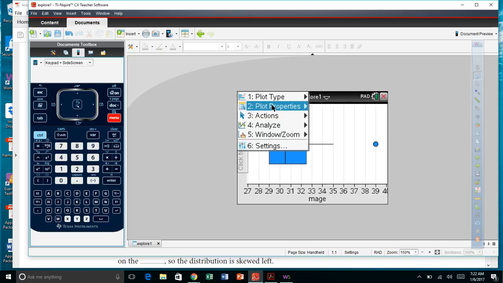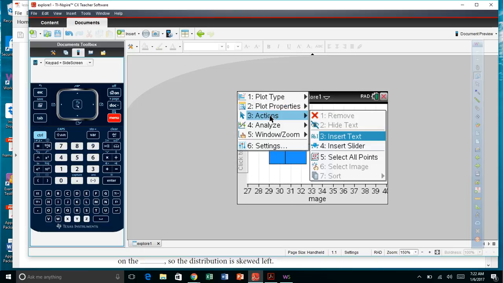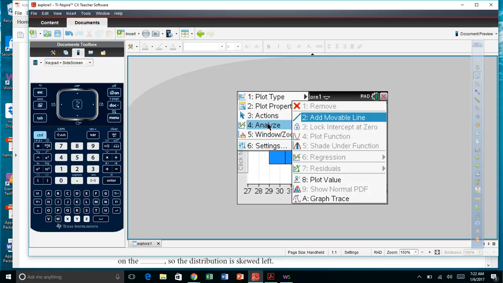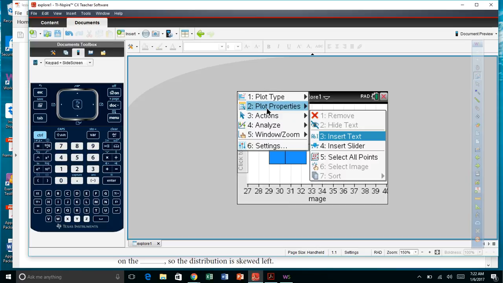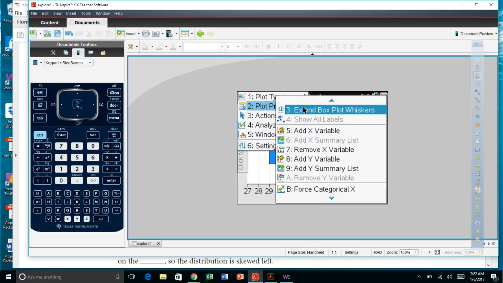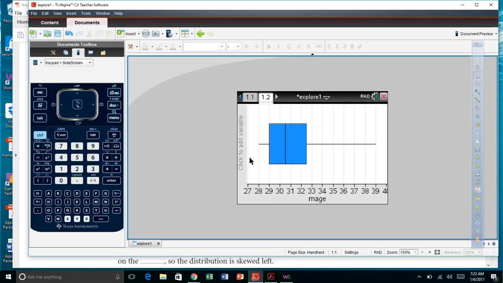Menu. Okay, extend box whiskers. All right, that makes it look like the other one.